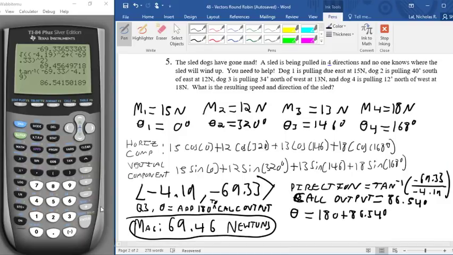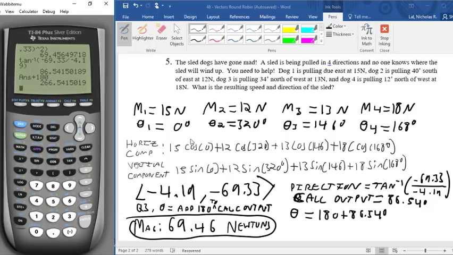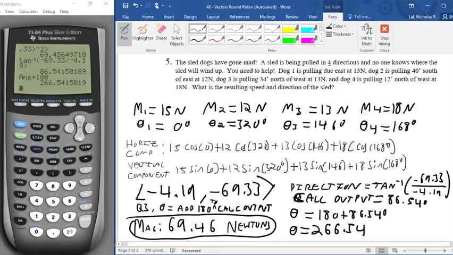Both values are negative, so we add this to 180. And our direction is going to be 266.54 degrees. So our direction, theta, is equal to 266.54 degrees, which is the direction of the sled.